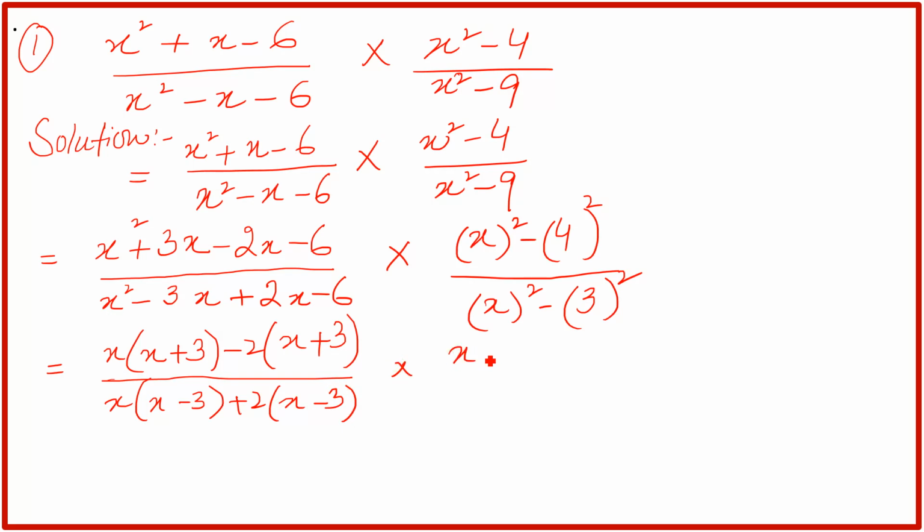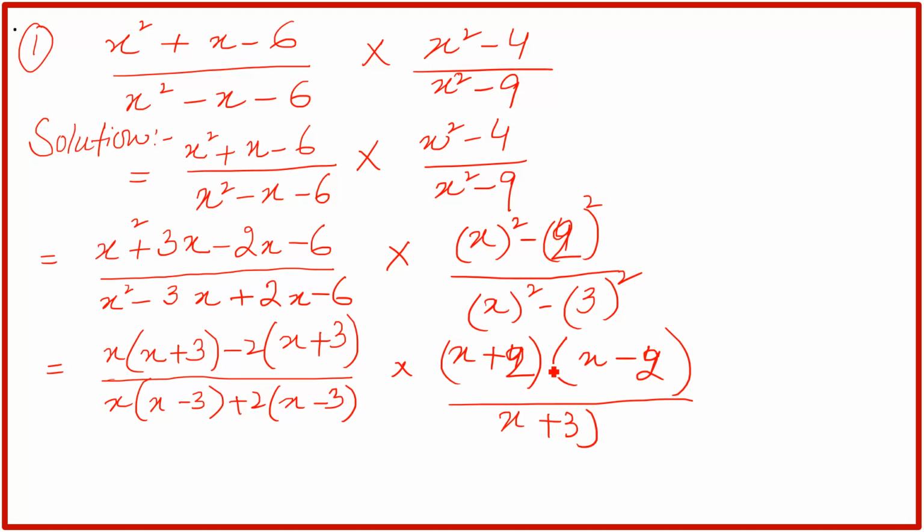And this one here, we can write down one with the positive sign, one with the negative sign. It is 2 square, so it will be 2, and it is the square of 2x positive 3 multiplied by x minus 3.